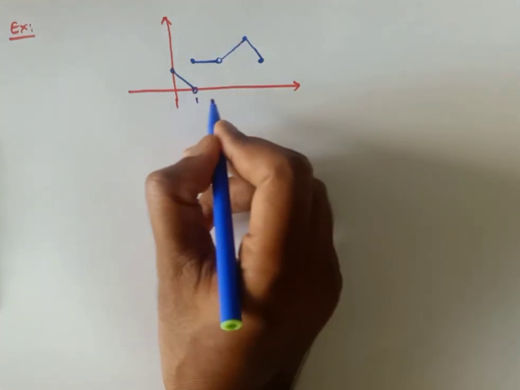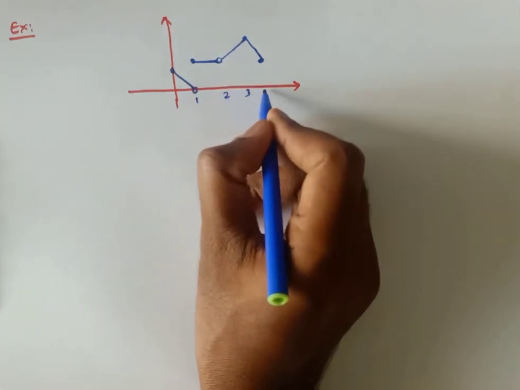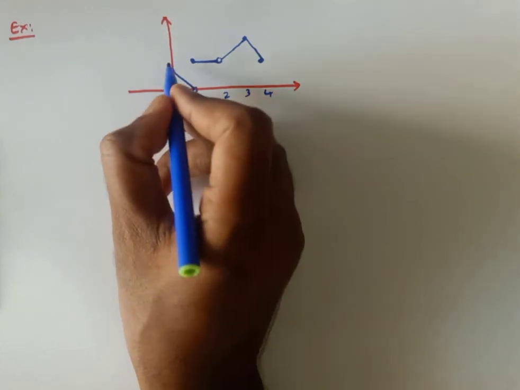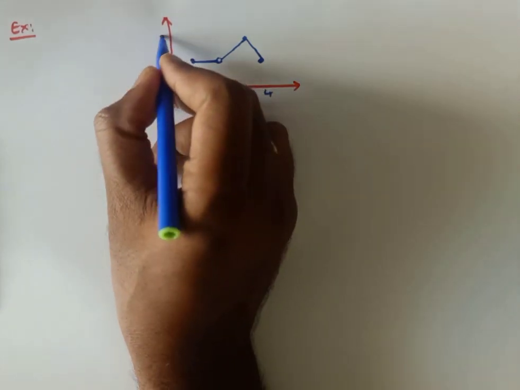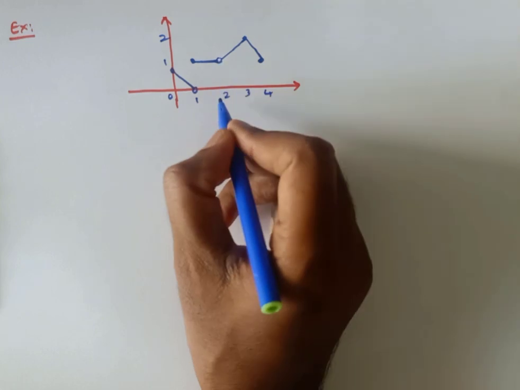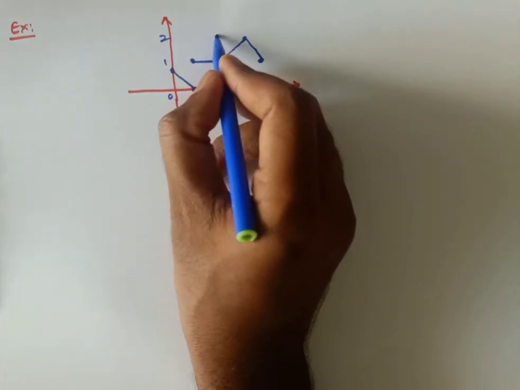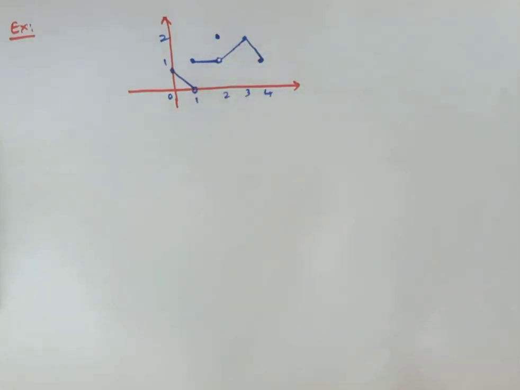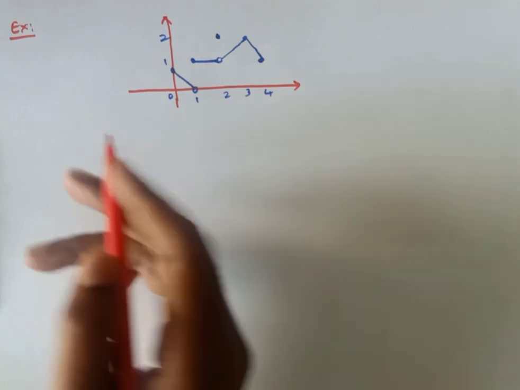Say this is 1, 2, 3 and 4. So it is 0 and this is 1, 2, like this. Here at x equals 2, the function value is not defined, so let it be defined like this.